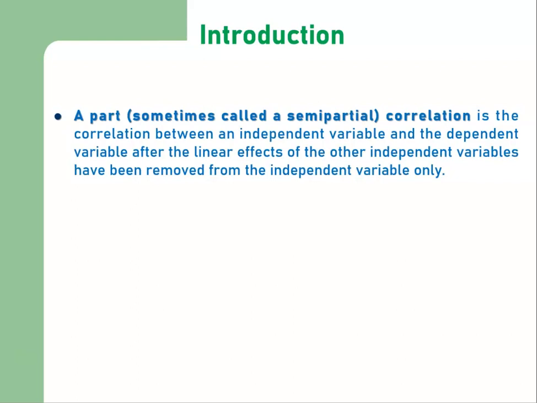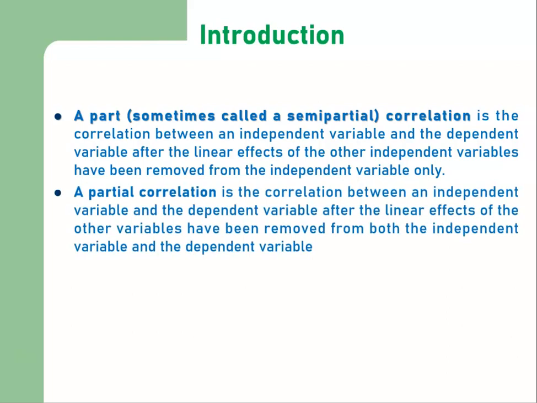A part correlation is also known as a semi-partial correlation, which is the correlation between an independent variable and the dependent variable after the linear effects of the other independent variables have been removed from the independent variable only. On the other hand, a partial correlation is the correlation between an independent variable and the dependent variable after the linear effects of the other variables have been removed from both the independent and the dependent variables.